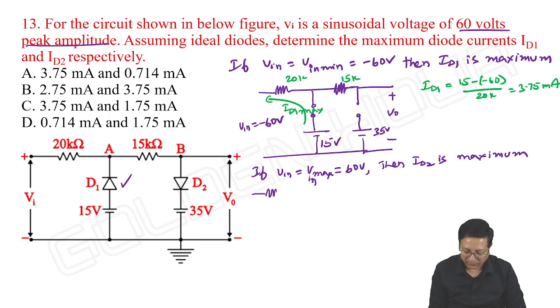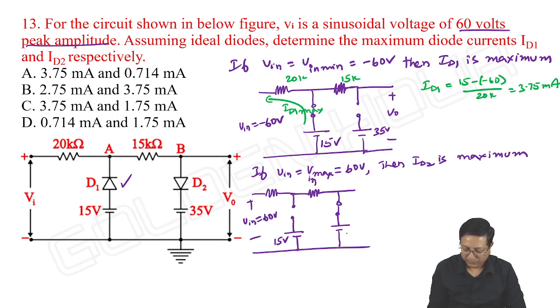So what about the equivalent circuit then? Then how will ID2 flow? This way. ID2 maximum.